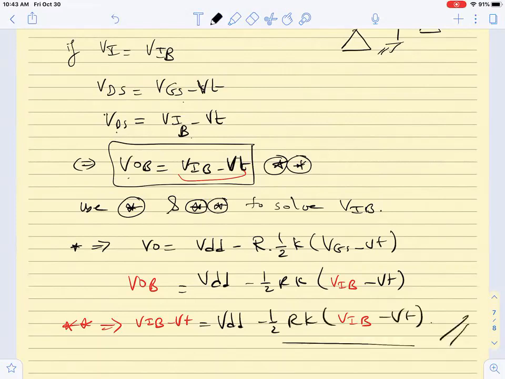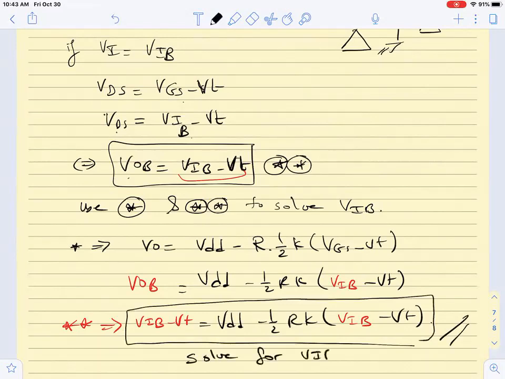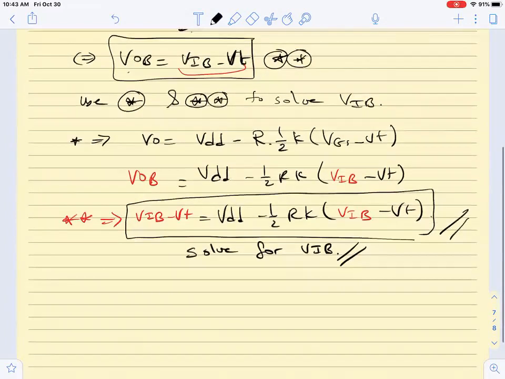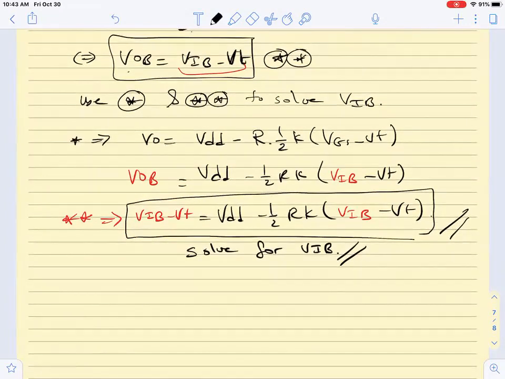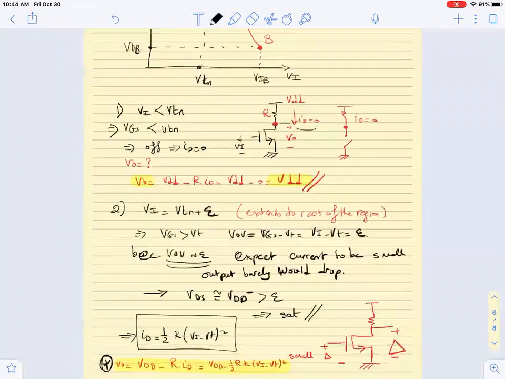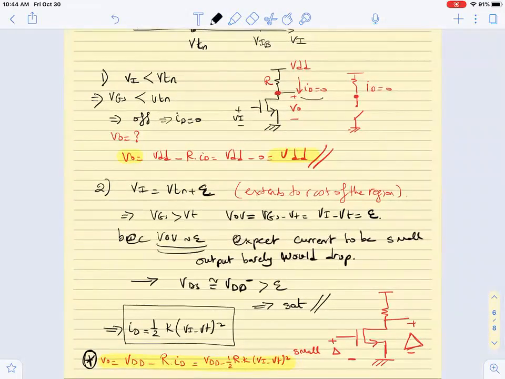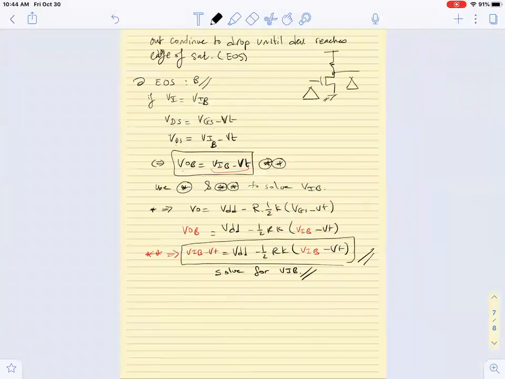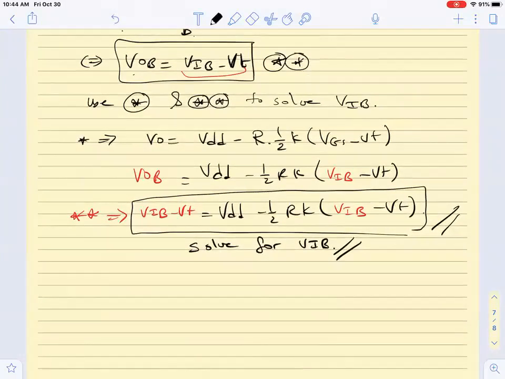Now we can solve for VIB, for point B. So what we said here is that at point B, if Vn is VIB, V out will be VIB minus VT, and then we went back and used the equation of the current being in saturation which relates VO to Vn that we derived, and we plugged in VOB, we plugged in VIB, and we solve for the value.